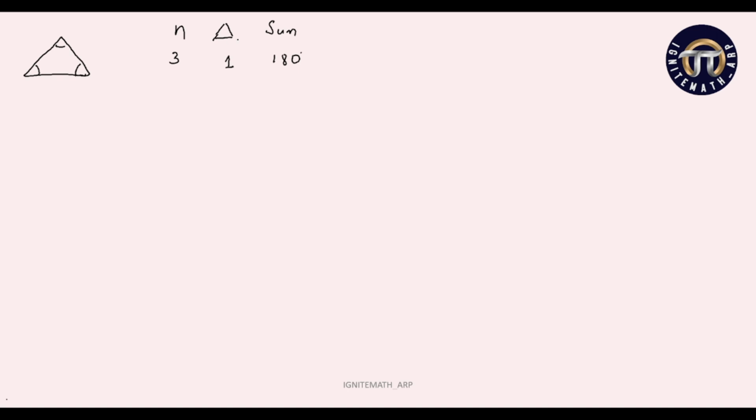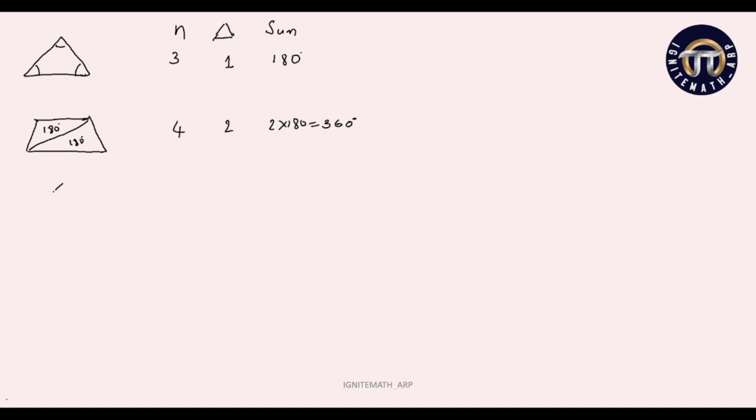So the sum of interior angles is 180 degrees. Suppose I take a quadrilateral. How many sides does the quadrilateral have? It has 4 sides. If I draw a diagonal, see, the quadrilateral is divided into 2 triangles. So 180 over here and 180 over here. So I can say there are 2 triangles in the quadrilateral. So the sum is going to be 2 into 180, that is equal to 360 degrees.